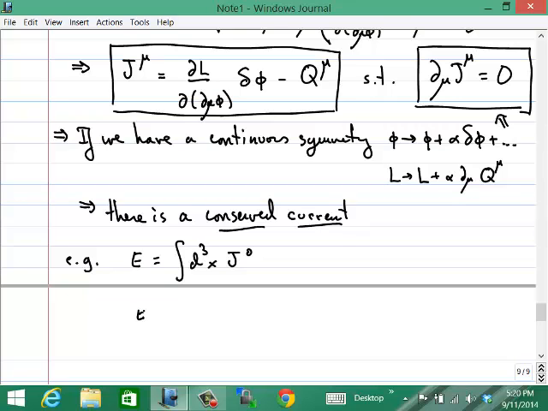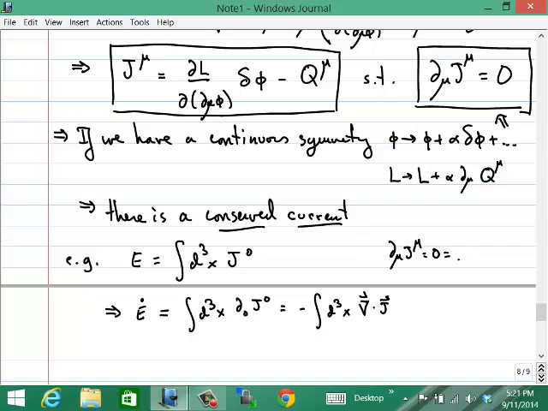So then let's consider the time derivative of E. What is that? That's the integral d3x of the time derivative of j0, which, using the conservation rule, d mu j mu is equal to 0, is the same as j0 dot minus del dot j.